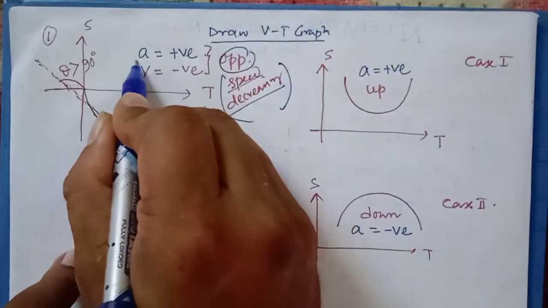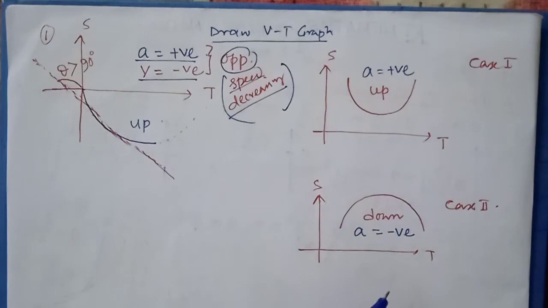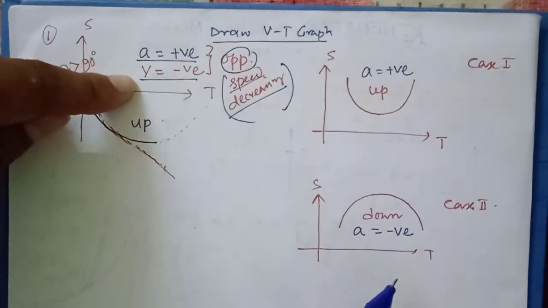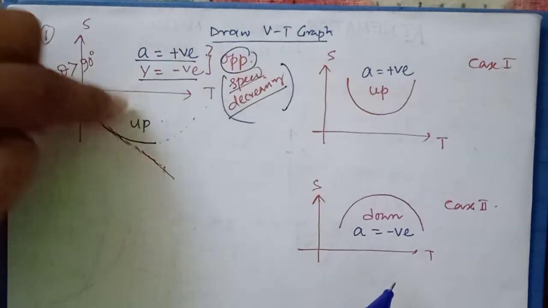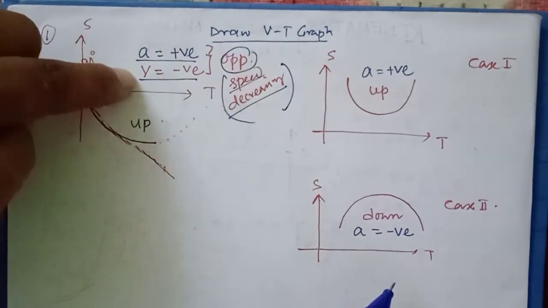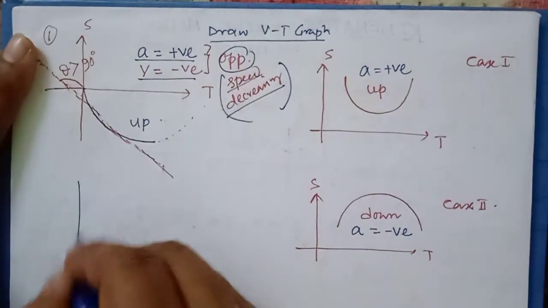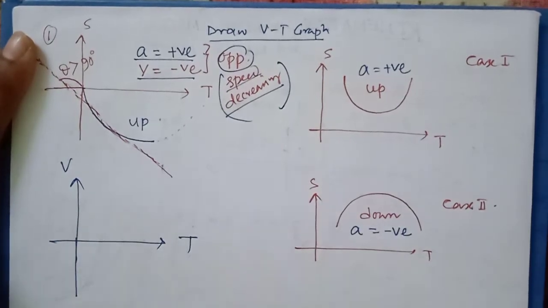If acceleration and velocity have the same sign, then speed is increasing. Acceleration supports the speed, that's why speed is increasing. But in this case acceleration and velocity are opposite, so speed is decreasing. So what about the slope of the VT graph? Students, you tell me.